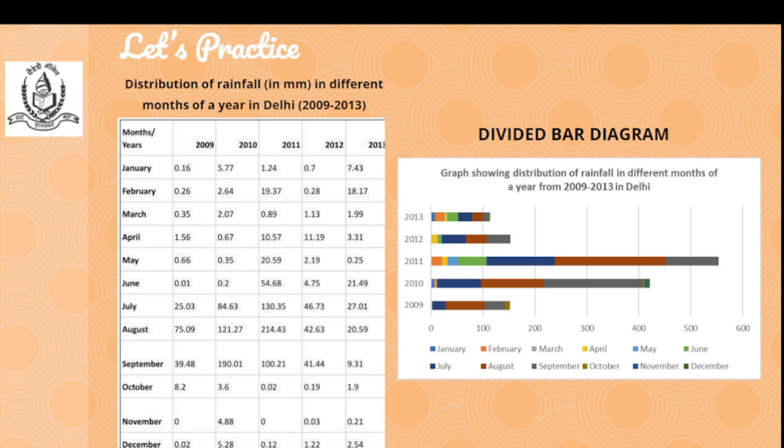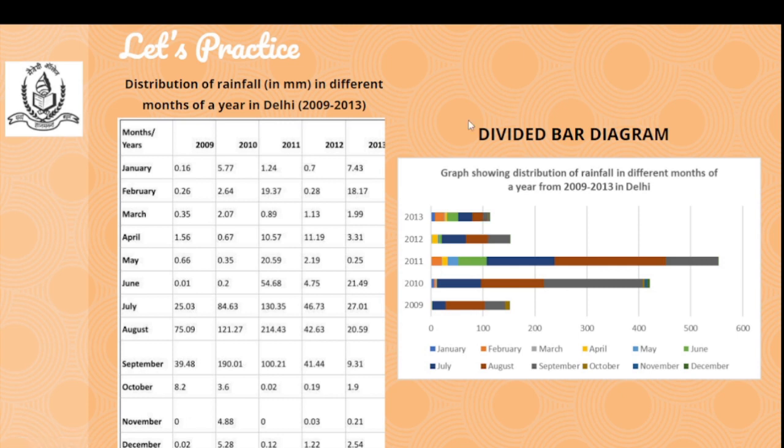So you can see here these 5 years that are represented. Each year represents a different category of data, and further each category is divided into several components which are represented by the months of the year. So 5 different variables, and each variable is again further divided into various components.